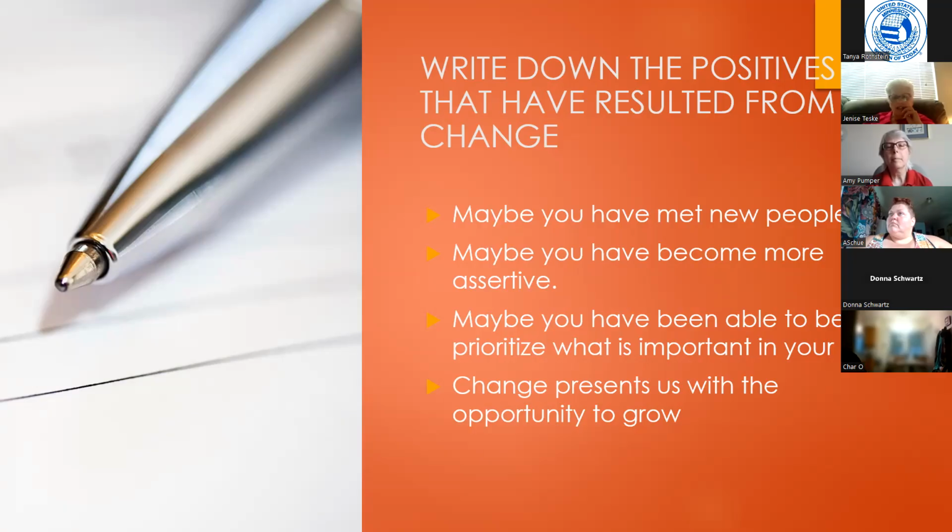I think finding the balance is setting your priorities and deciding what is important in your life. And maybe you don't need to go to every event and every meeting, but also don't shy away from meeting those new people in your district.